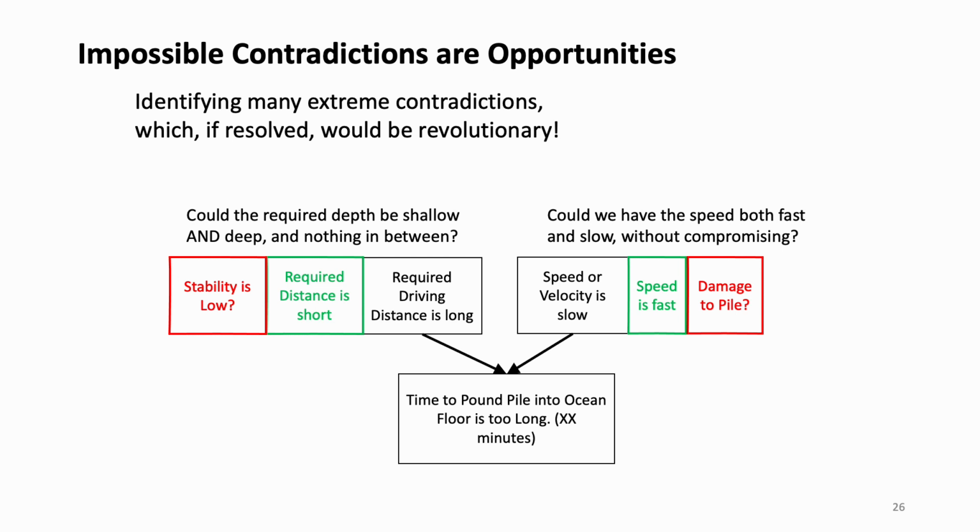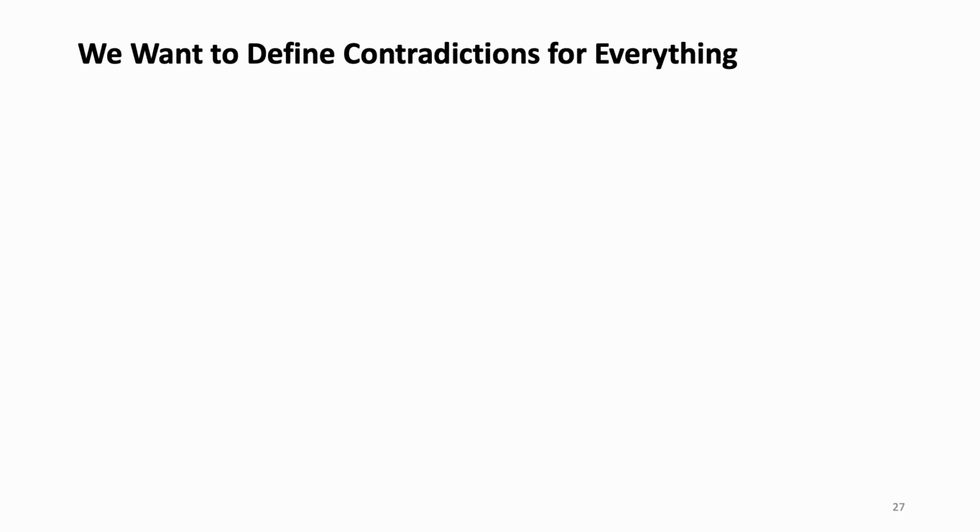I know that sounds crazy. In this case, again, speed or velocity is low. What if I made it fast? Well, is it able to, and would there be damage to the pile or the pile driving equipment? So we want to continue defining contradictions all through this tree.